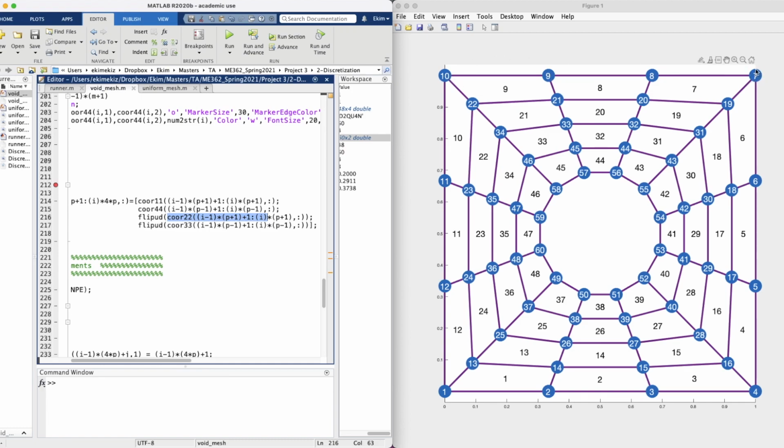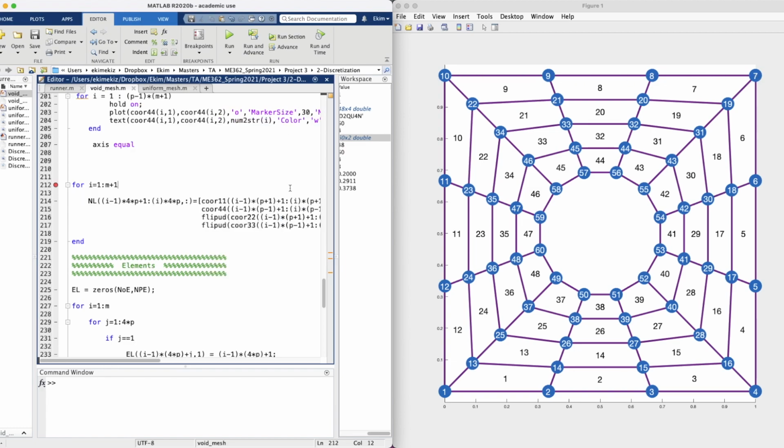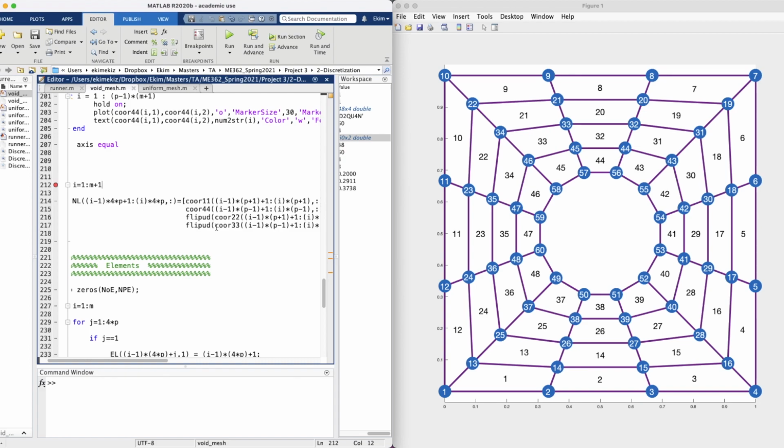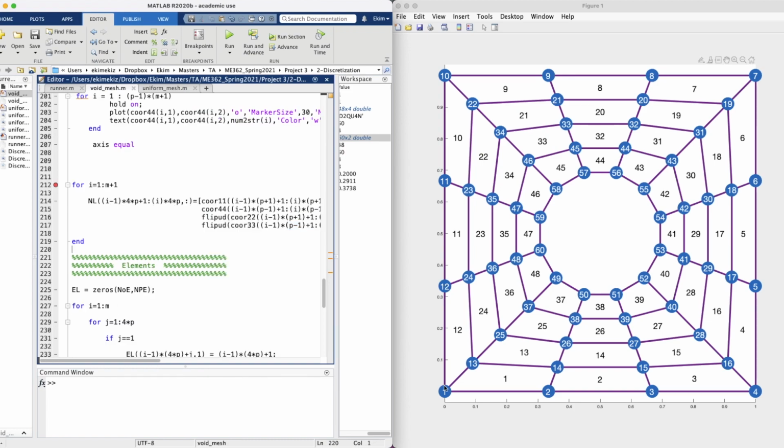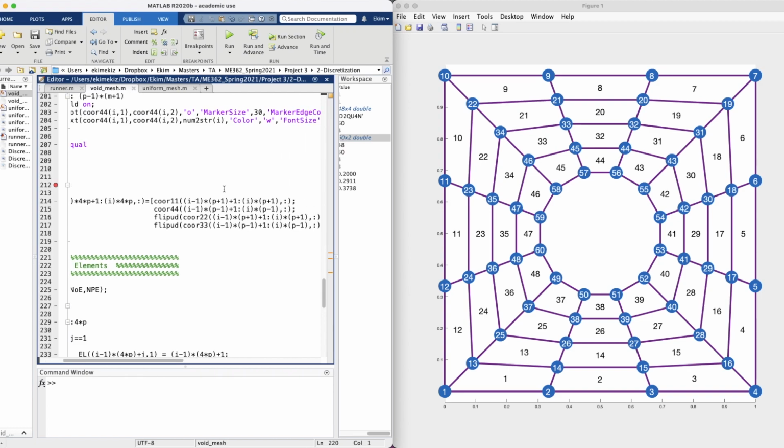But we wanted to start from here, so that's why we flip this. And then for core 3, 3, we again have the same indices as what we had in core 4, 4, but we flip it. Because remember, it went from bottom to top. So we flip it such that it goes like this, counterclockwise. Okay.